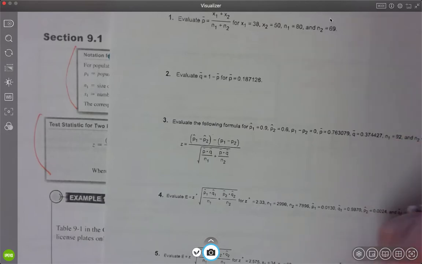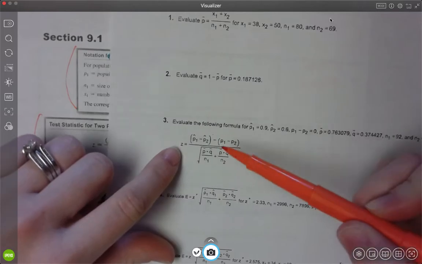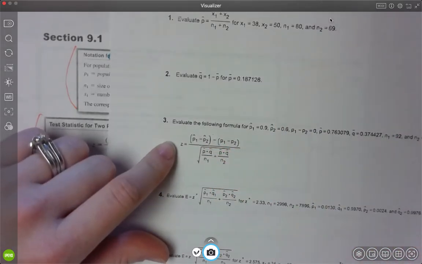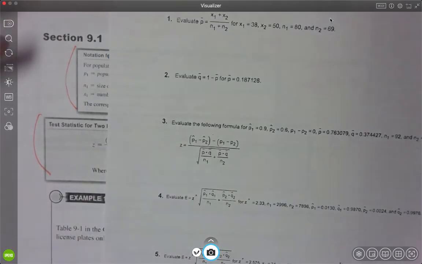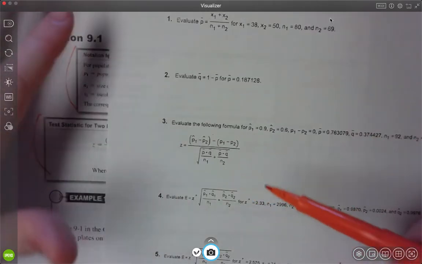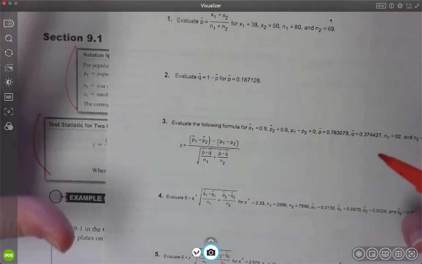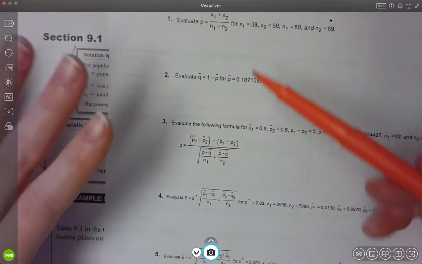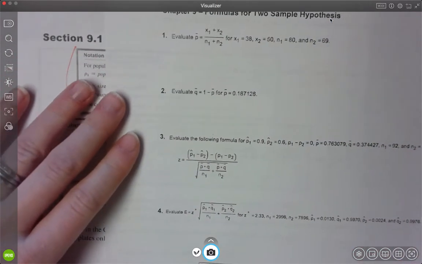The remaining problems are what you'll do for homework, to get you used to plugging in all of these values, figuring out what z is, and typing it into your calculator correctly. There are ways of using parentheses and ways of putting it in wrong and getting the wrong answer. So this is just practice.